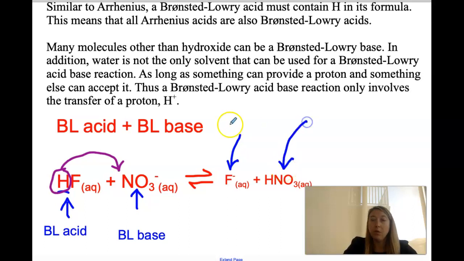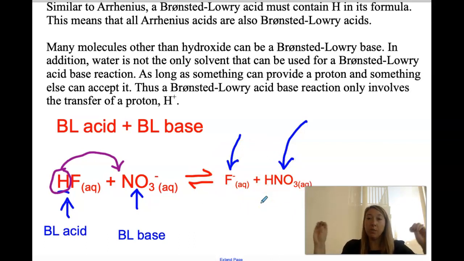When we talk about conjugates, we're going to revisit this again later. We talk about our species as existing in conjugate pairs. A conjugate pair always consists of something from this side of the equation paired up with something from the other side. So I'm going to pick two things from opposite sides.